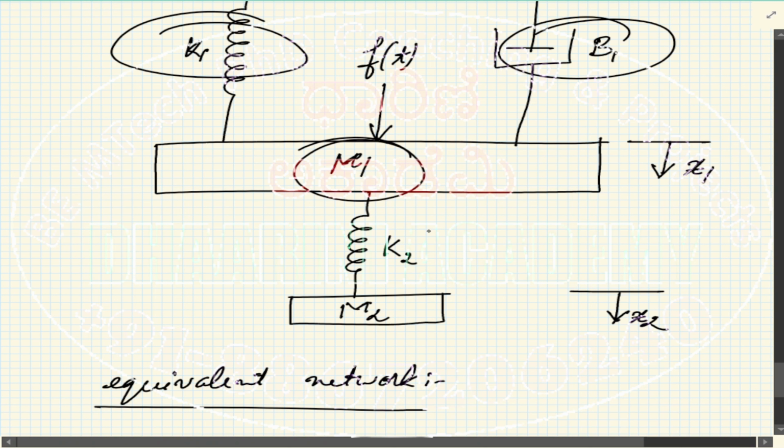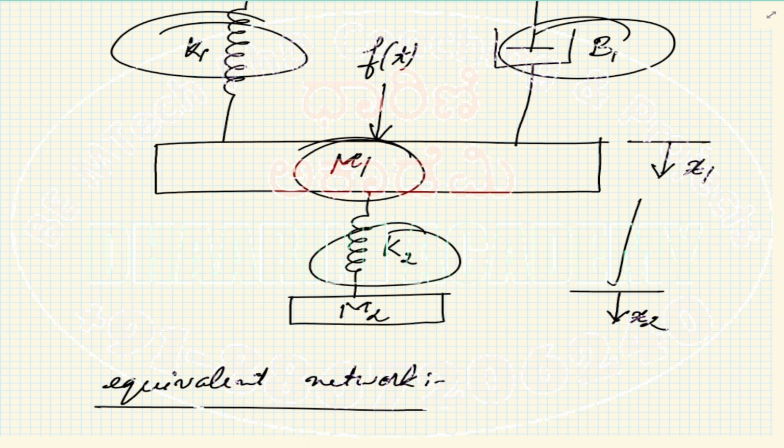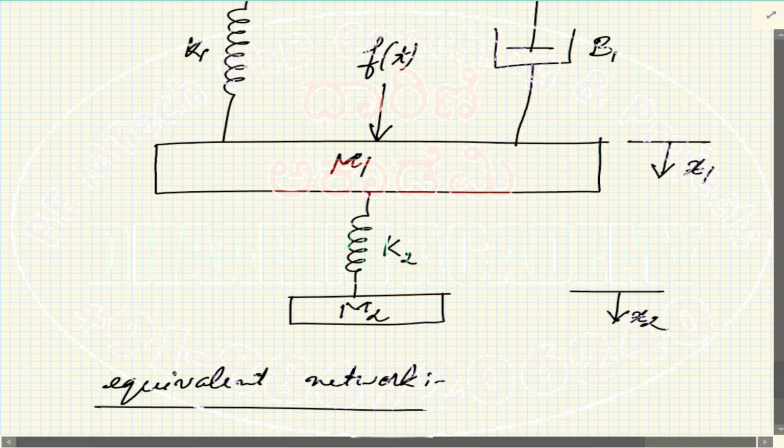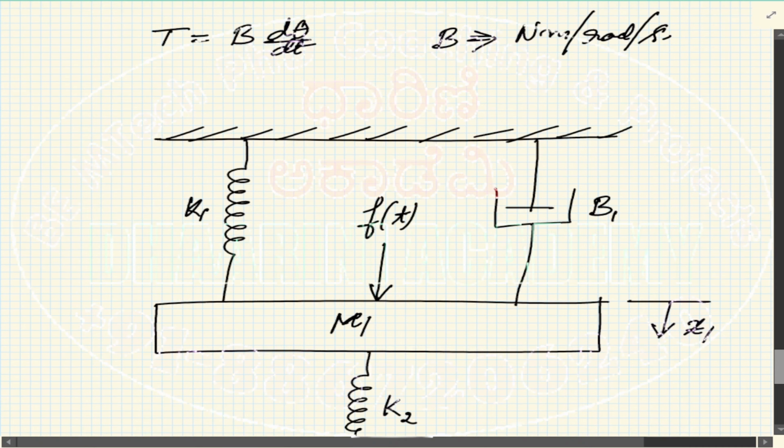The K2 I am not writing here. K2 is between X1 and X2. Write only the K2 between X1 and X2. Others are directly connected to X1 itself.